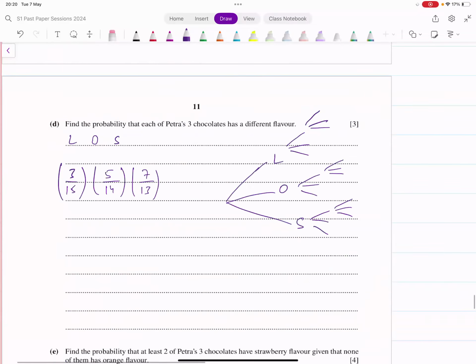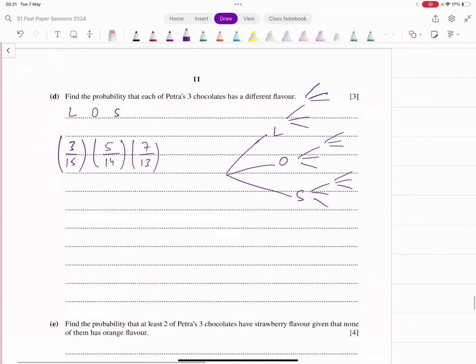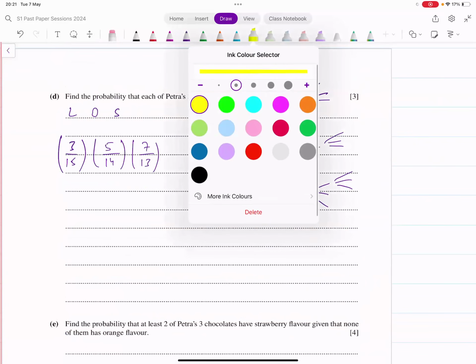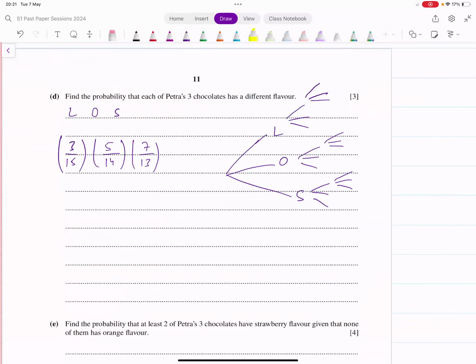However, this is only going to give you the probability for one path on this tree diagram: lemon, orange, and then strawberry.